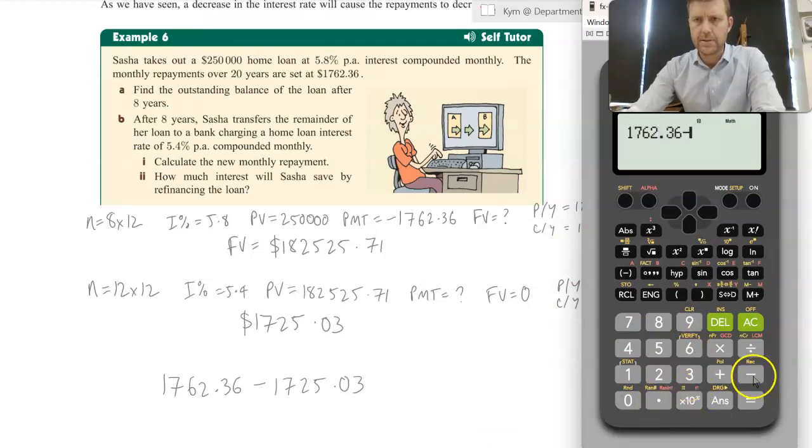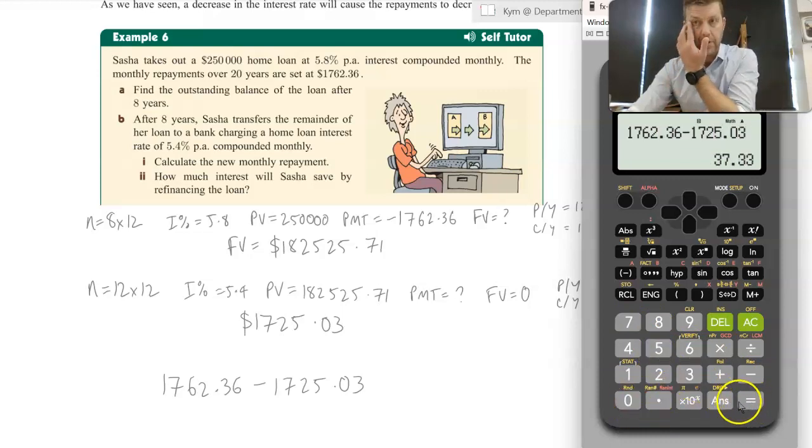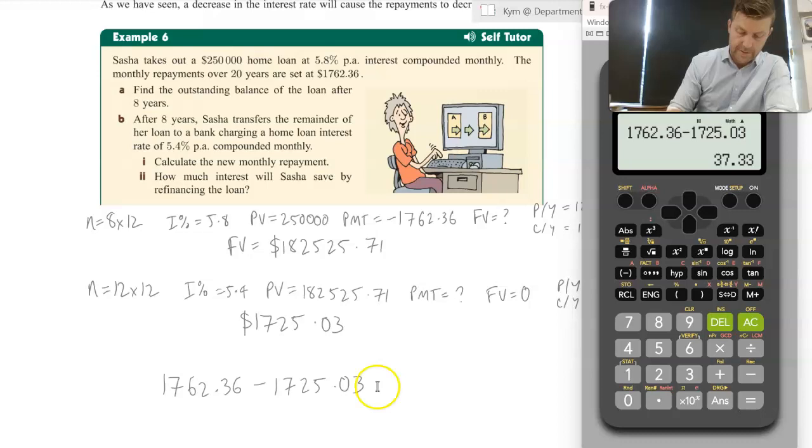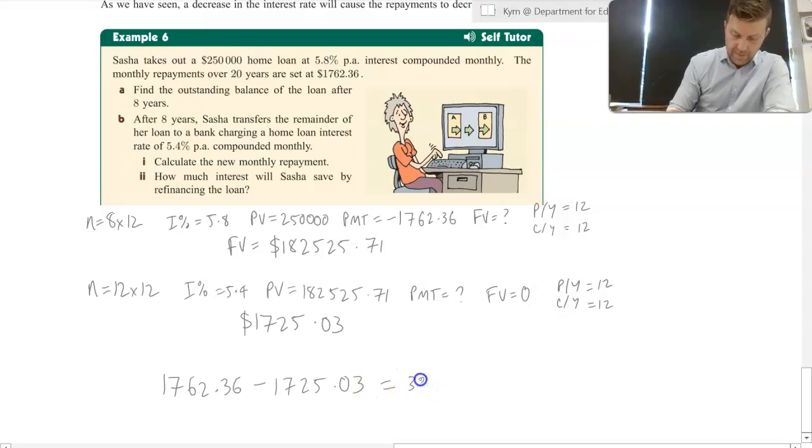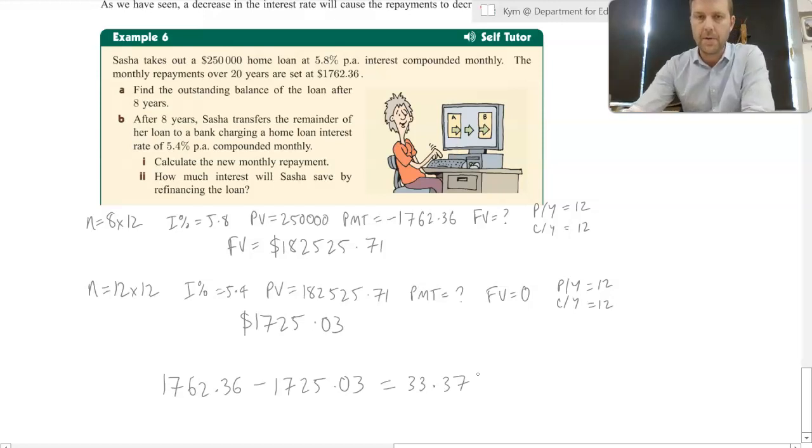So he's actually saving $37.33 per month.